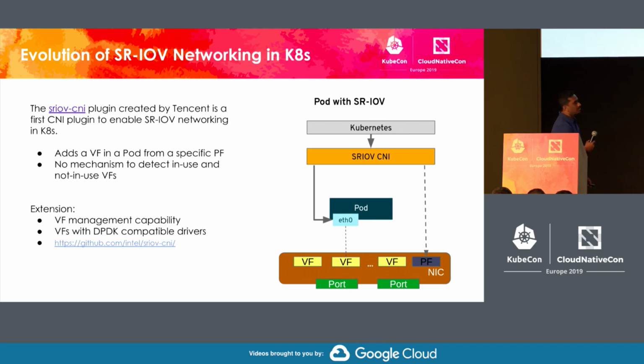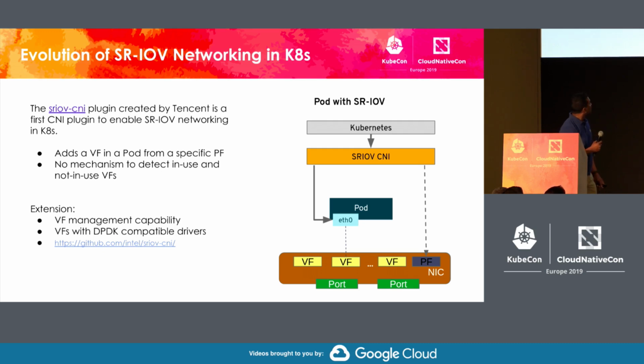Now we'll see how we enable SR-IOV networking in Kubernetes. The initial work was done by Tencent. They created the SR-IOV CNI plugin to enable SR-IOV networking in Kubernetes. When we started looking into that, we discovered some shortcomings: the CNI plugin didn't handle device accounting properly, that is, which VFs are free and which ones are not.